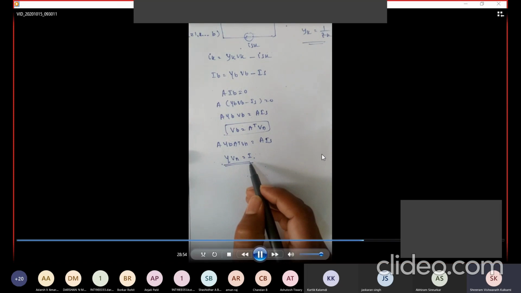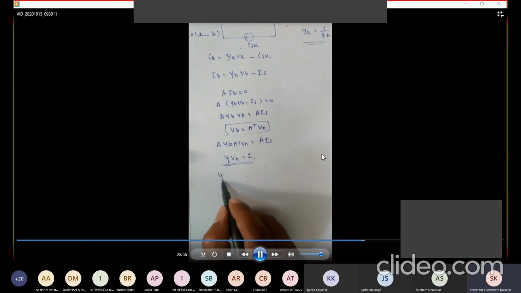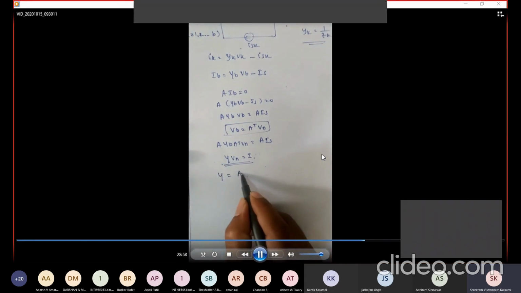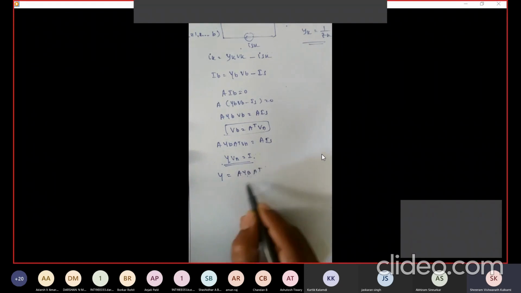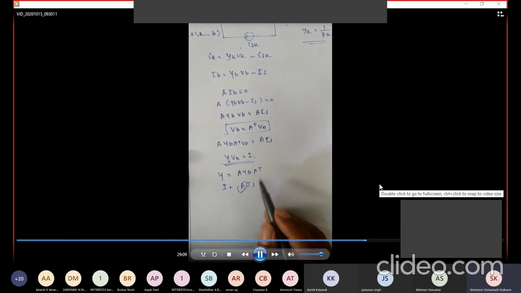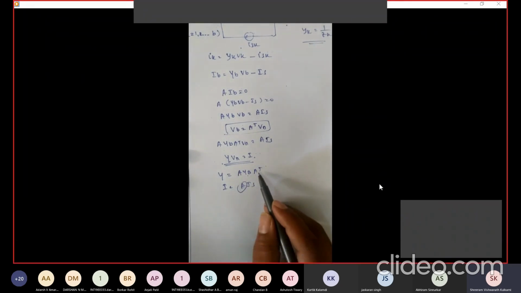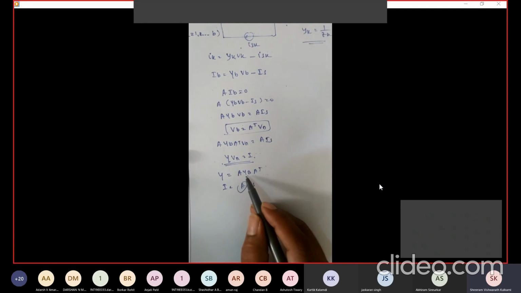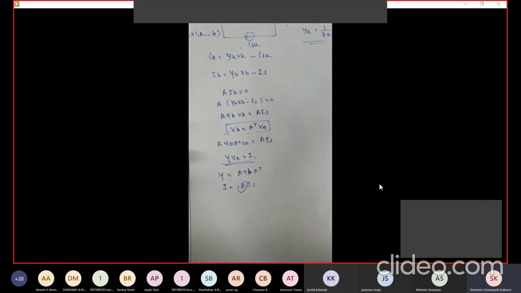Where Y equals A YB A transpose and I equals A into IS. Where A is my incidence matrix, A transpose is the transpose of the incidence matrix, YB is my admittance matrix. Yes?